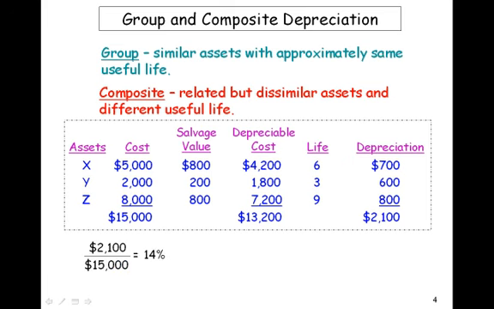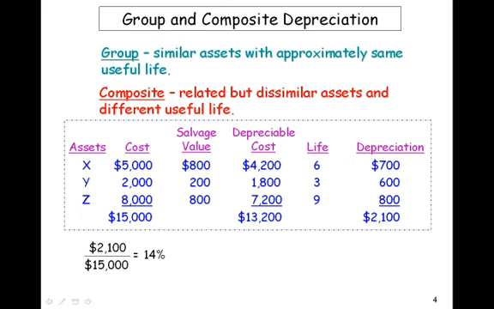The next step is to compute a depreciation rate by dividing the depreciation of $2,100 by the $15,000 total cost of all the assets. Once we have that rate, we multiply it by the total cost of assets each year to compute depreciation.